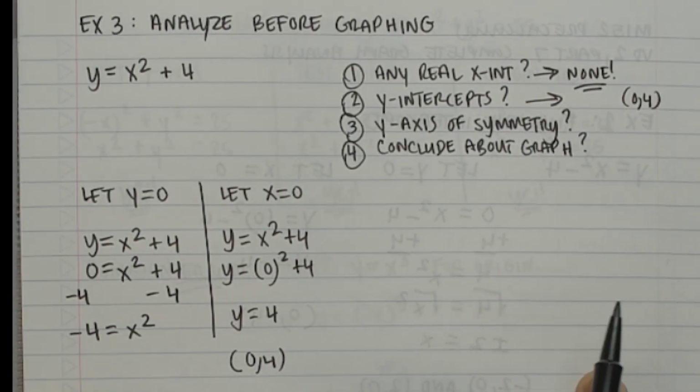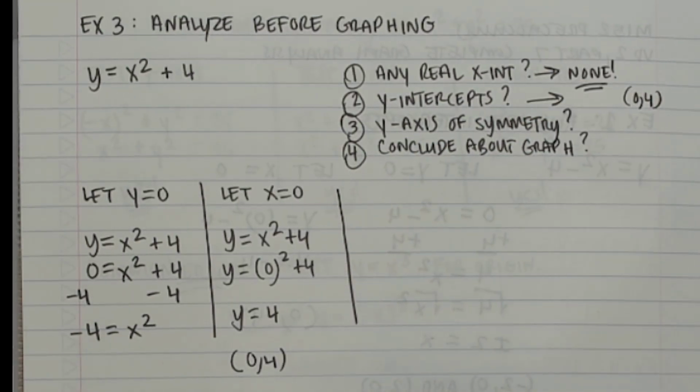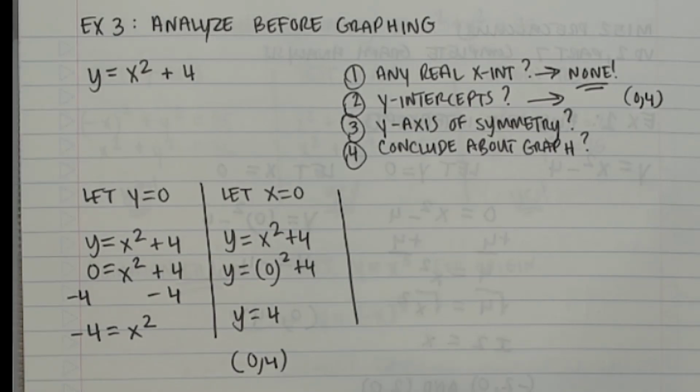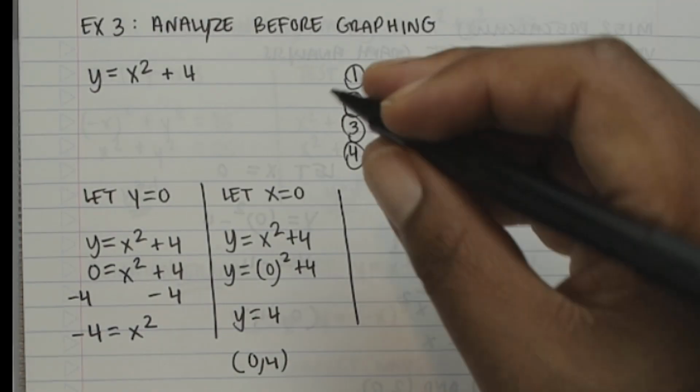And then the next thing we want to do is look for y-axis of symmetry. So when you're testing whether or not an equation has y-axis symmetry, you have to remember what we looked at earlier. The equation is substituted from x to negative x.